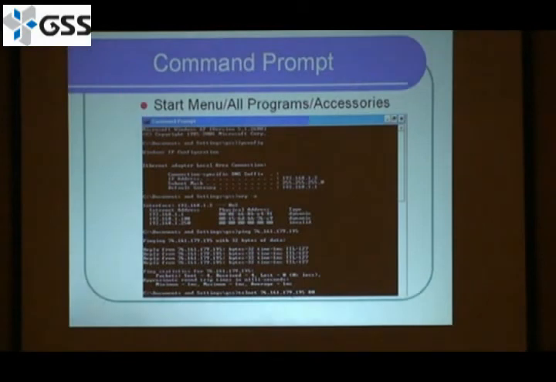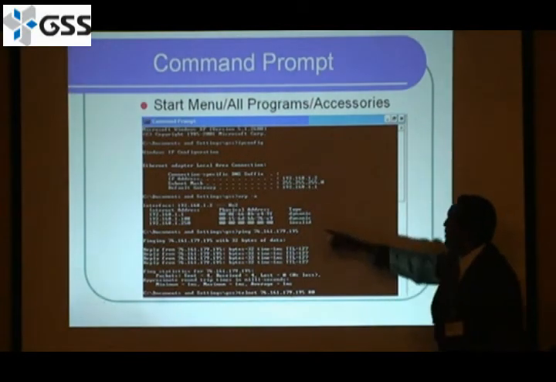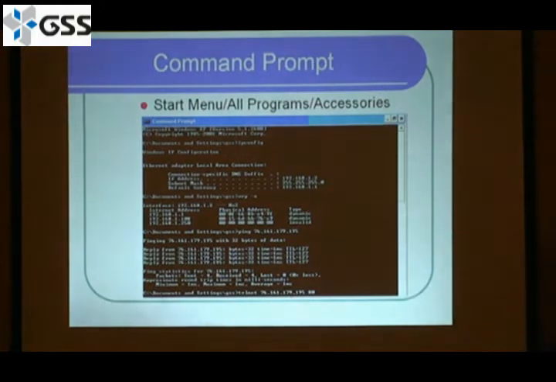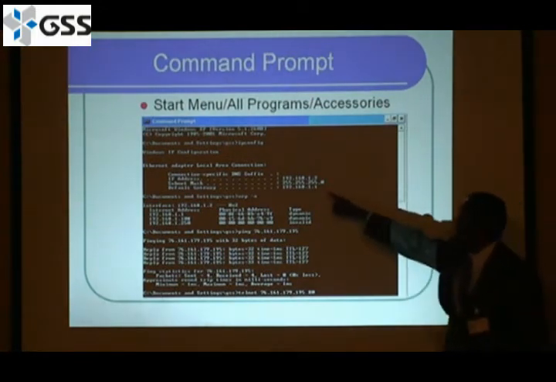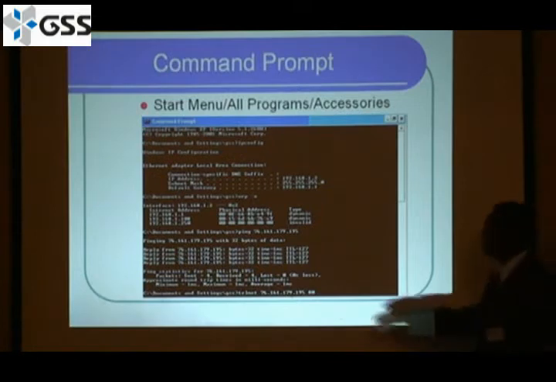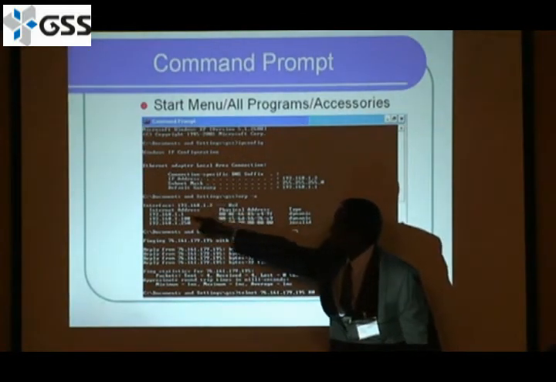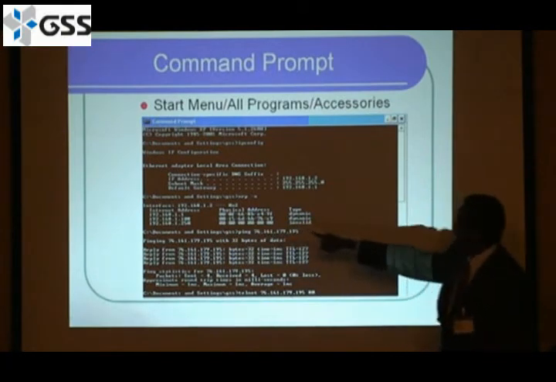So here I'm using 4 commands. The IP configuration command shows me the IP address of the computer where I am, and it also shows me my router address. The next command is address resolution protocol, and here it's showing me that this is my interface, this is my router, and a couple of other devices.